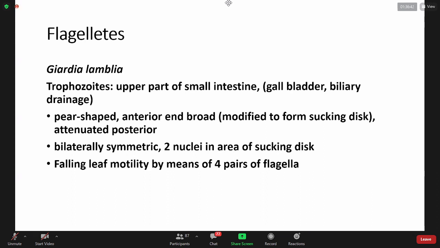We have other lumen-dwelling protozoa, and they are characterized by having flagella, so they are referred to as flagellates. One of them is Giardia lamblia.